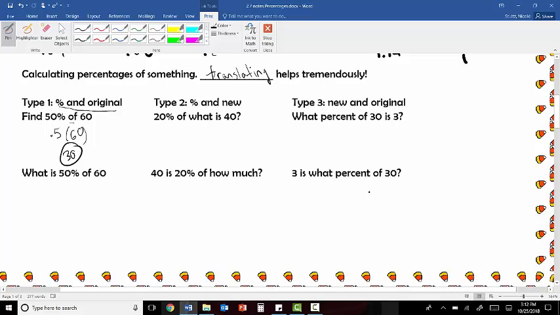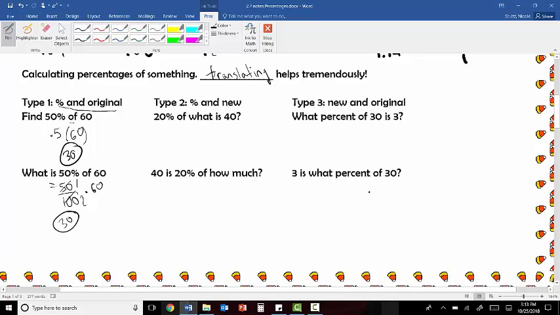Let's say you don't have a calculator, you could also change the problem. It's the same problem, just worded differently. It says what equals 50 out of 100 times 60. If you were doing this by hand, I would reduce this to 1/2, and then half of 60 is 30.